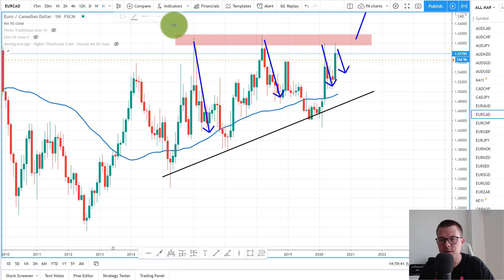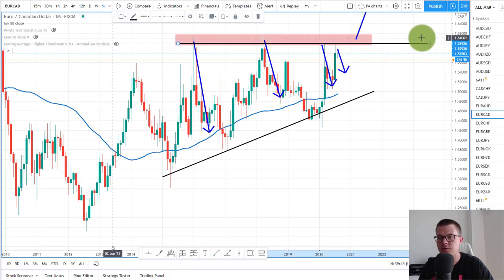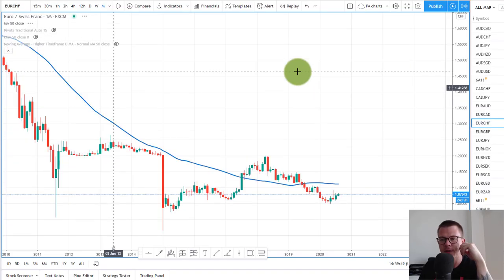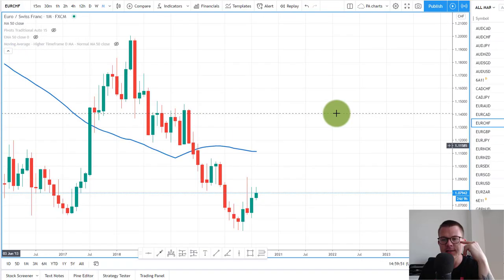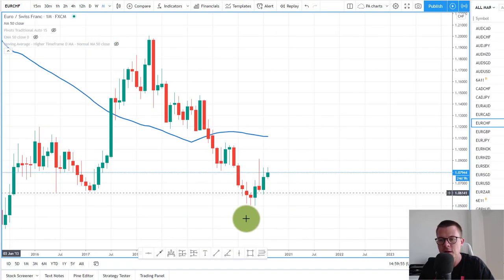So if the market closes above 160, maybe go to the lower time frames, and whatever strategy you're using, try to pinpoint something.